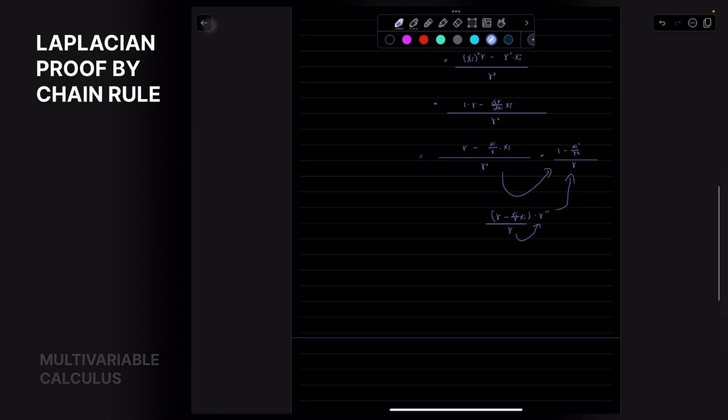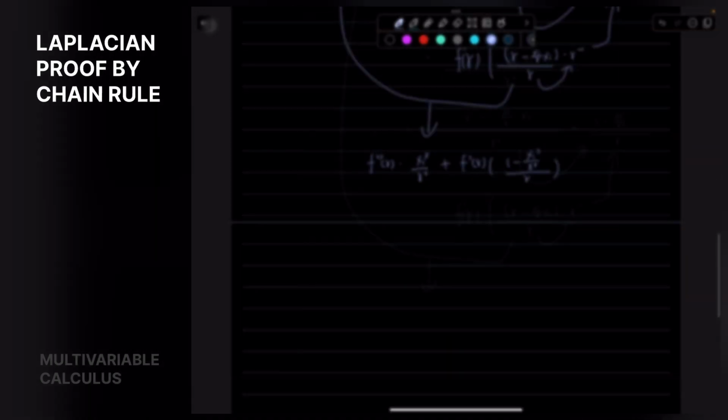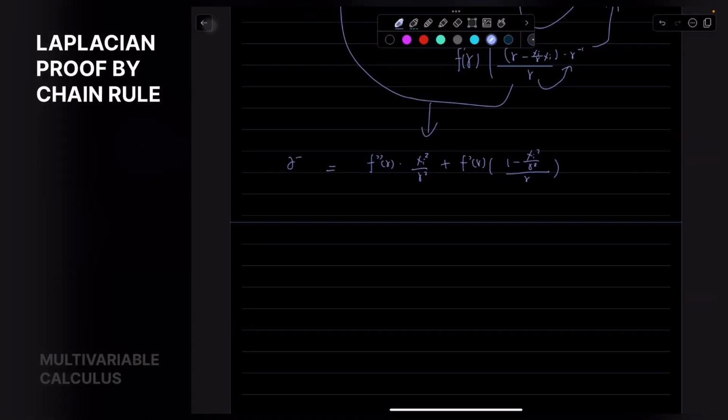And we summarize all this expression together. And don't forget that we actually have this on the outside. We get, and remember, this is only the second derivative with respect to arbitrary xi, and we still need to sum them together.